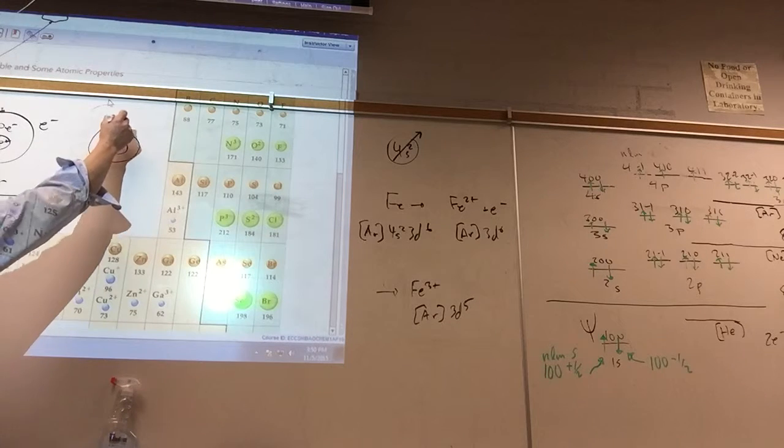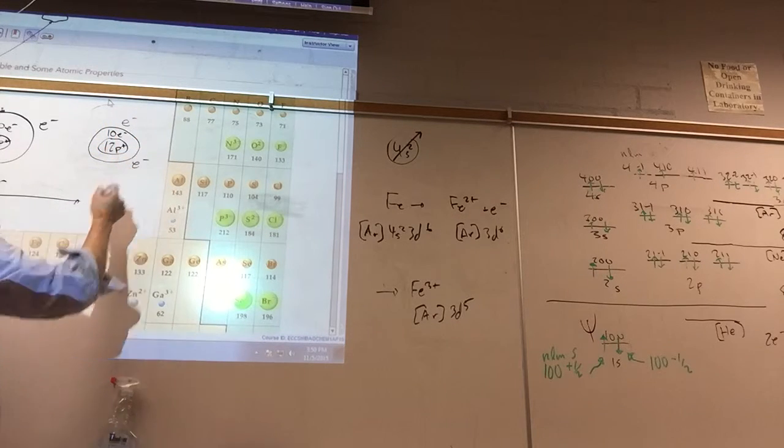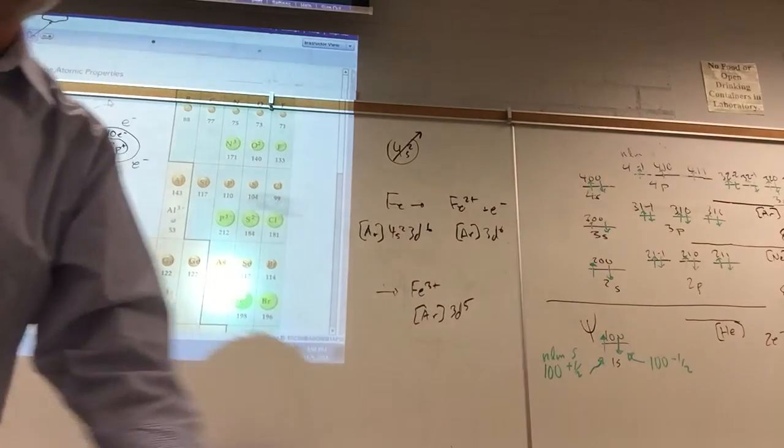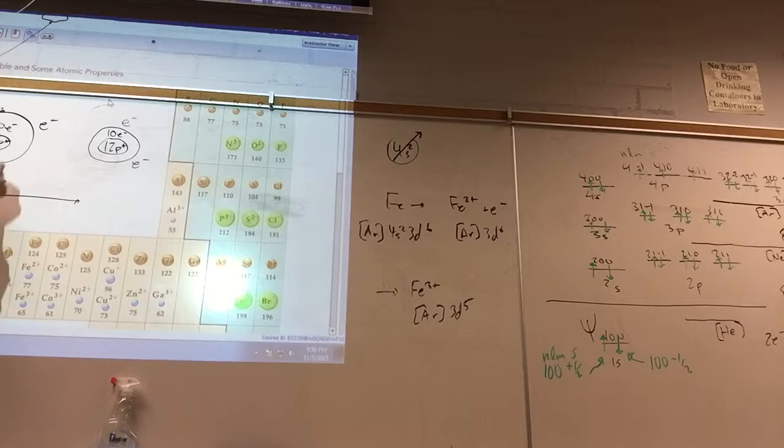But now you have 2 electrons out here. What's most important in dictating size is the outermost electron. How much positive charge does the outermost electron see? The problem is shielding. The outermost electron is going to be shielded from the nuclear charge by the core electrons. And the core electrons are very effective shielders of nuclear charge.